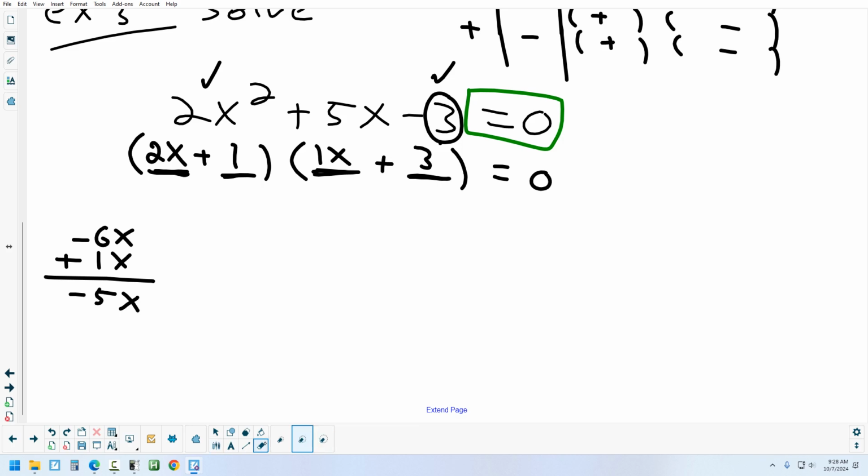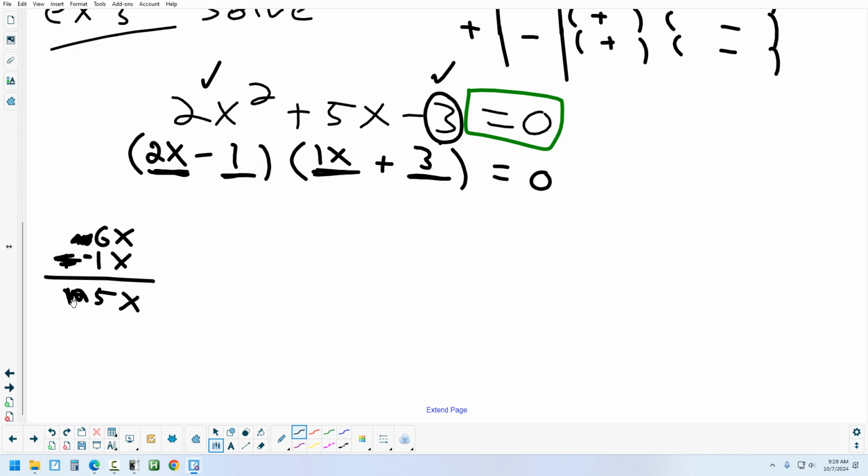Make that a positive. Make that a negative. Now if you check it, 2x times positive 3 is positive 6x. And 1x times negative 1 is negative 1x. And 6x take away 1x is 5x. That's perfect.